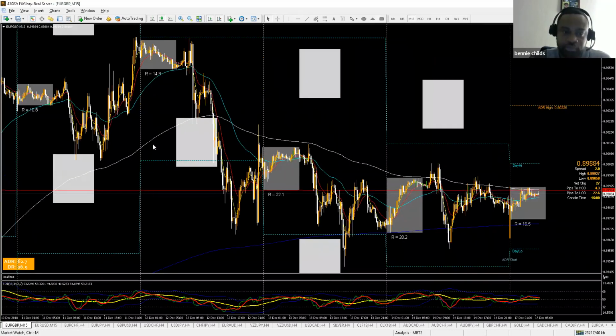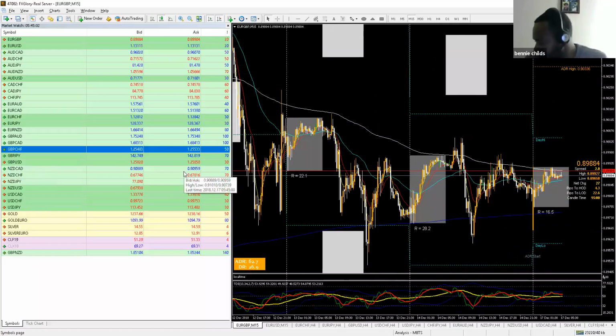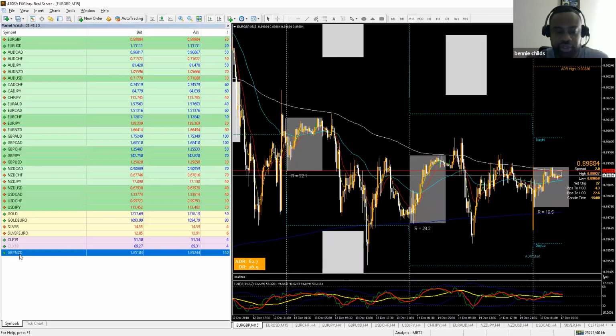Again, me personally, I like to use my smaller pairs, except for the GBP NZD. That is a 14 pip spread, right? But that is a very trendy pair. Down here in the orange square, this is our average daily range indicator.